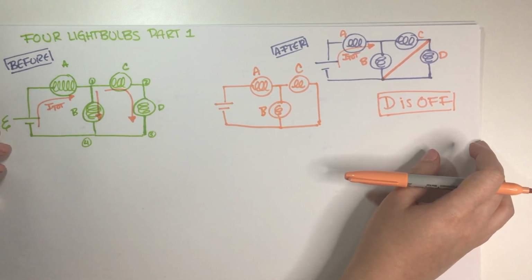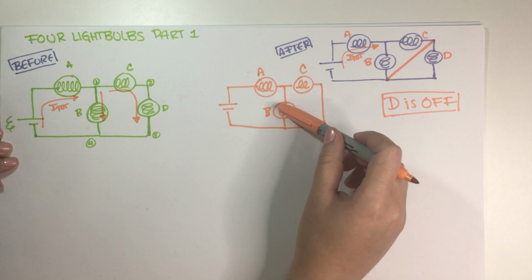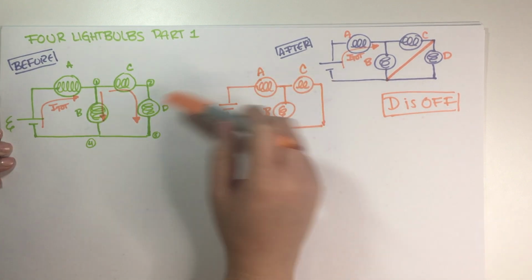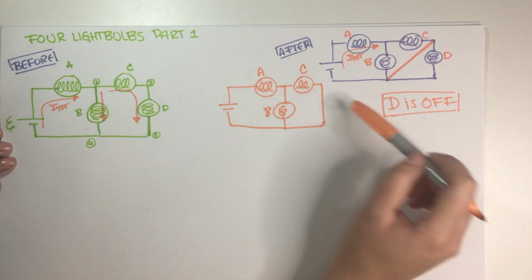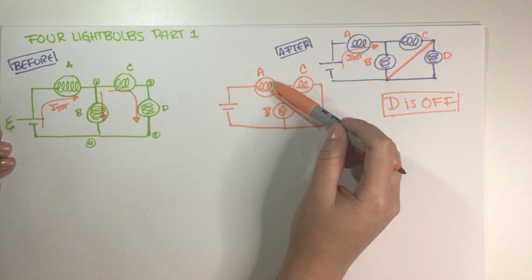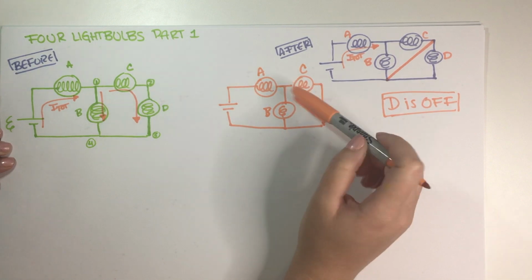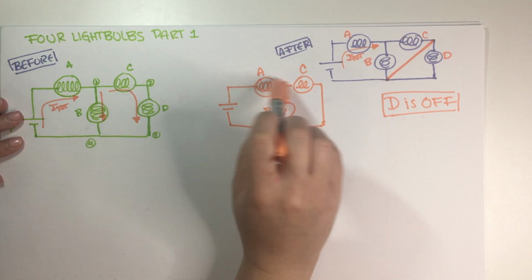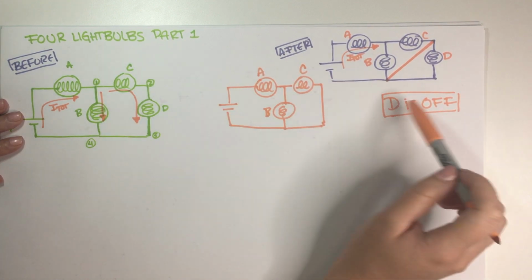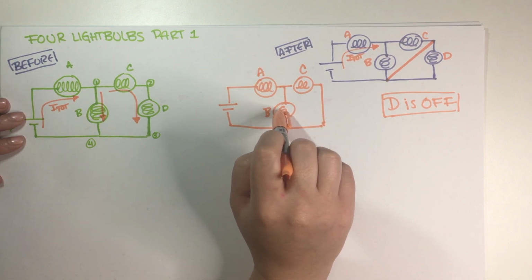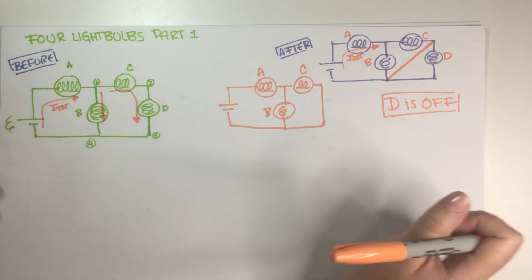Now we have to figure out how this circuit compares to the original circuit and how the currents compare, and then based on this comparison, we have to figure out if A, B, and C are brighter, the same, or dimmer. They are not off. I know as a fact that they are not off because all of them have electricity running through them, so off is not an option, but I still need to assess whether they are the same, brighter, or dimmer.